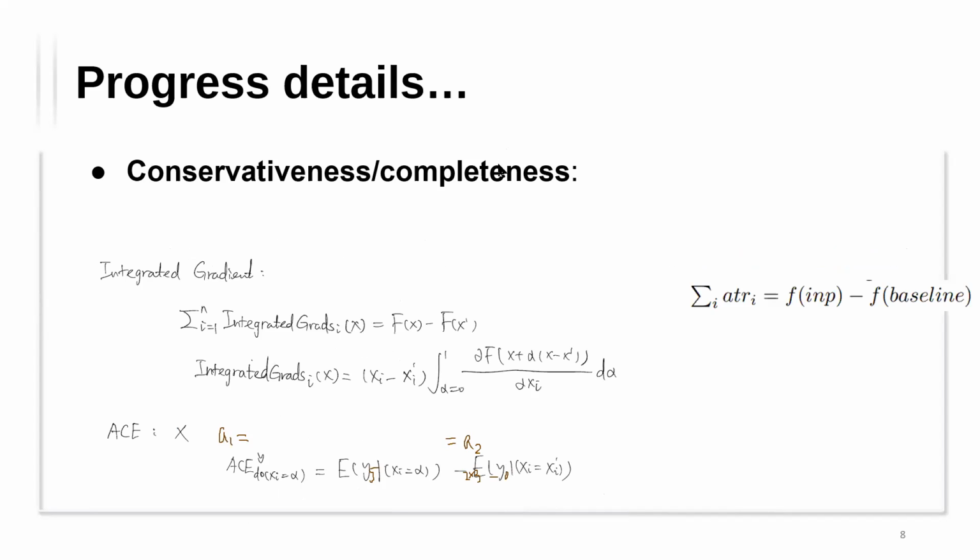But for integrated gradients, we can get the definition here. This is Ai actually, and integrated gradient is to sum all the Ai together.